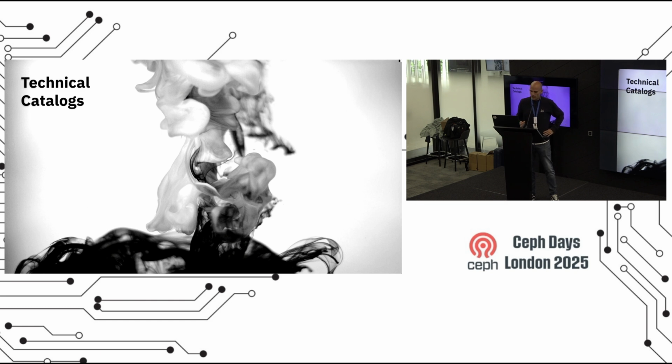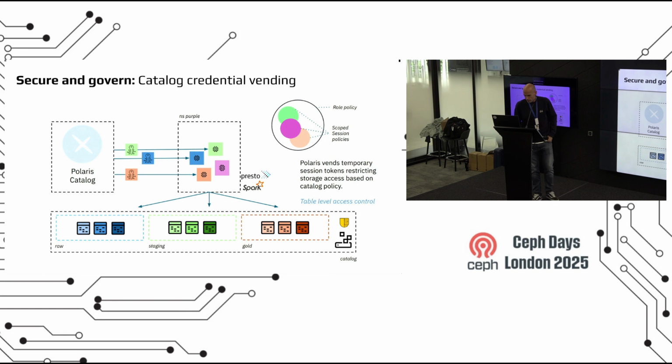So as you can see, there are problems trying to fix this issue, but to our rescue, we have technical catalogs or table catalogs that can help with this. Here, we're going to talk about the Polaris catalog, and that's what we're going to show you afterwards in the demo. One of its many features is catalog credential vending.